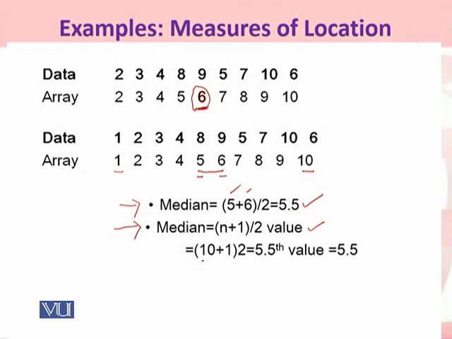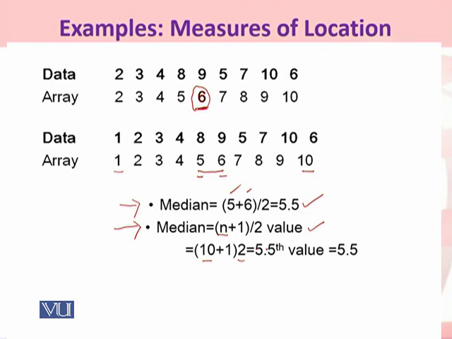Here n represents the total number of values in the data. So there are 10 values in the data. 10 plus 1 gives us 11. Dividing it by 2, we get 5.5. So the 5.5th value is the location of the median.